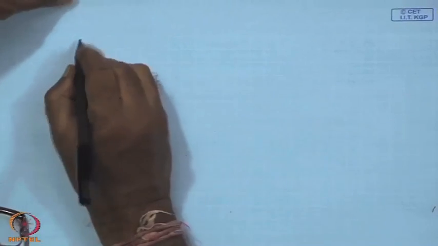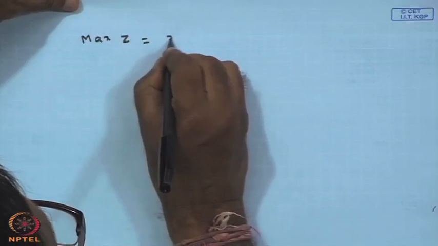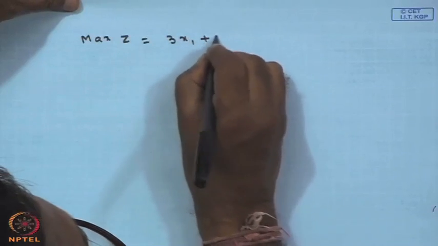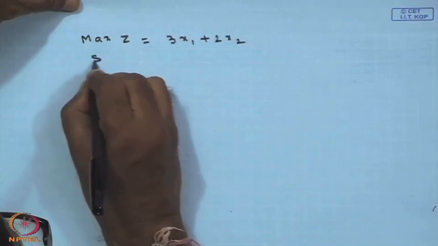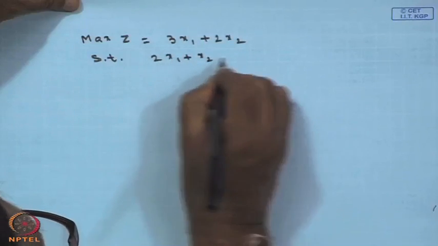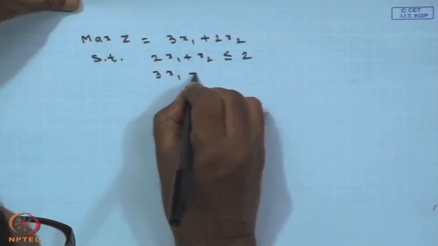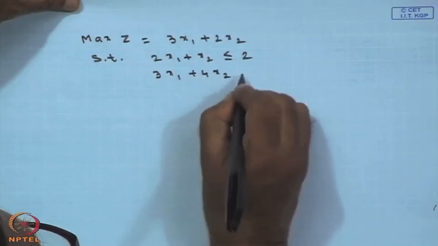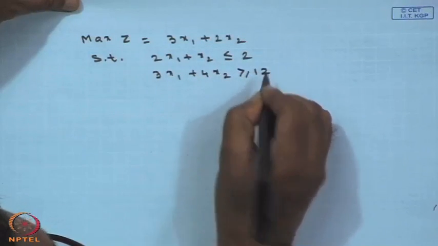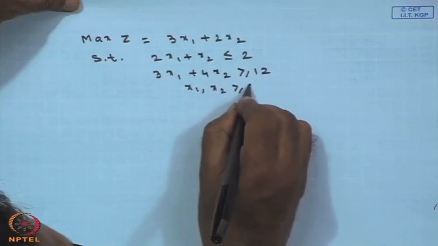One is, say, maximize z equals 3 x 1 plus twice x 2, subject to twice x 1 plus x 2 less than or equal to 3, x 1 plus 4 x 2 greater than or equal to 12, x 1, x 2 greater than or equal to 0.